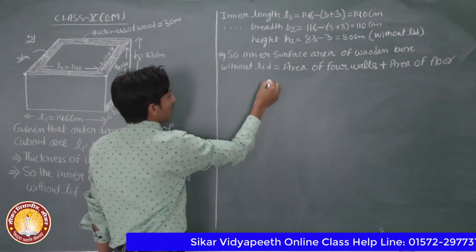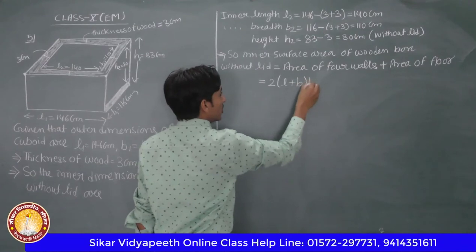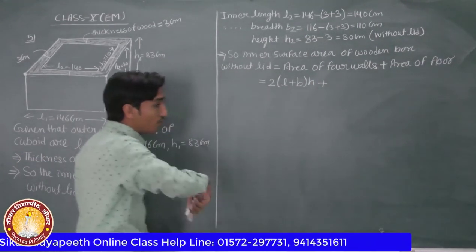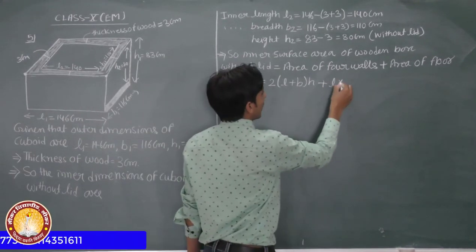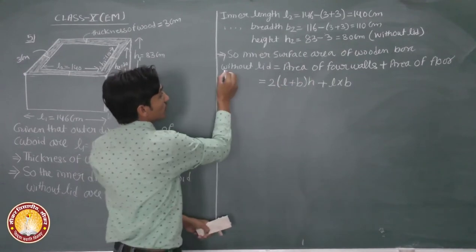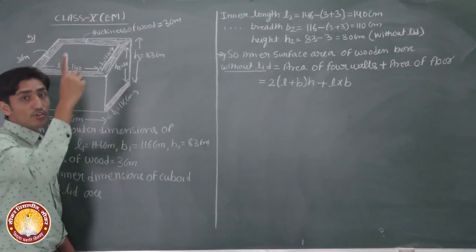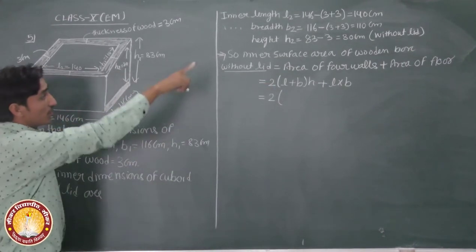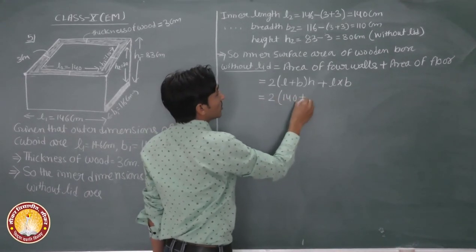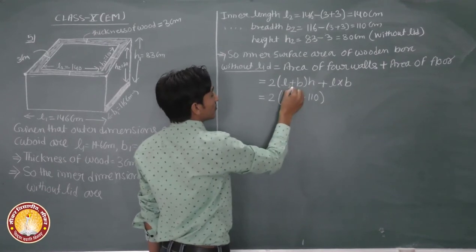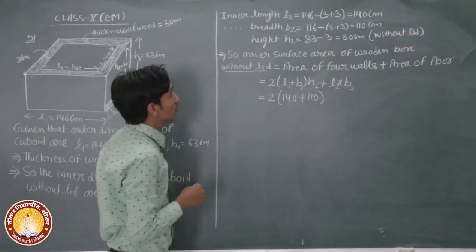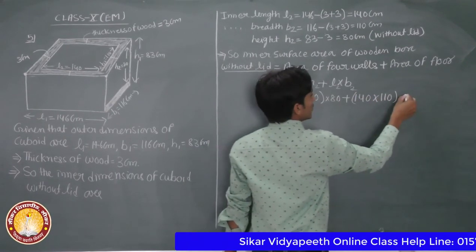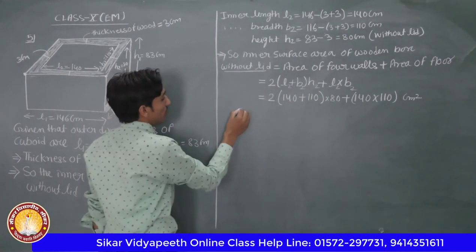Area of four walls is 2 bracket L plus B into H, plus area of floor or base L into B. The box is open, so without lid. 2 bracket L 140 plus B 110 into H2 80, plus L2 140 into B2 110 centimeter square.